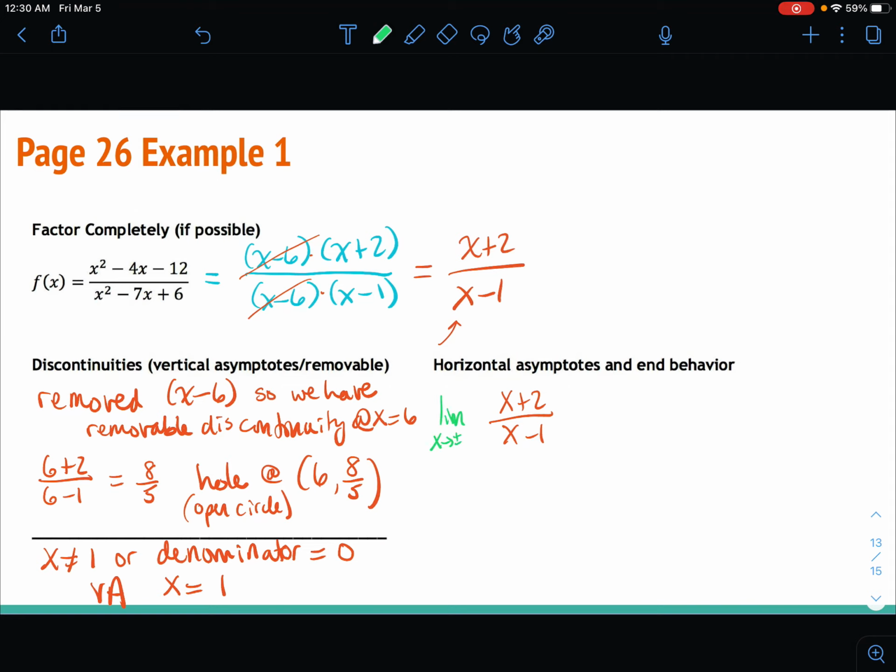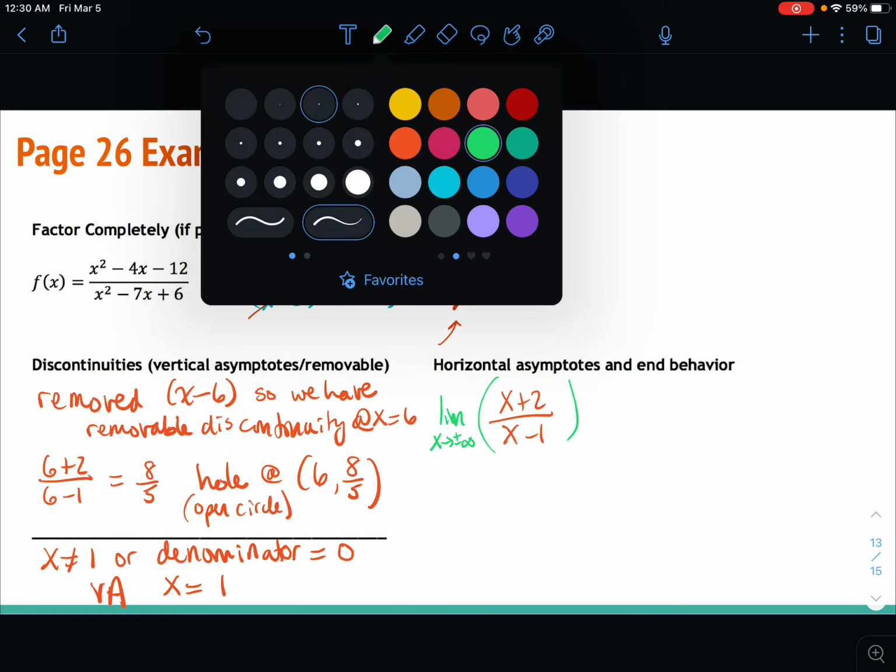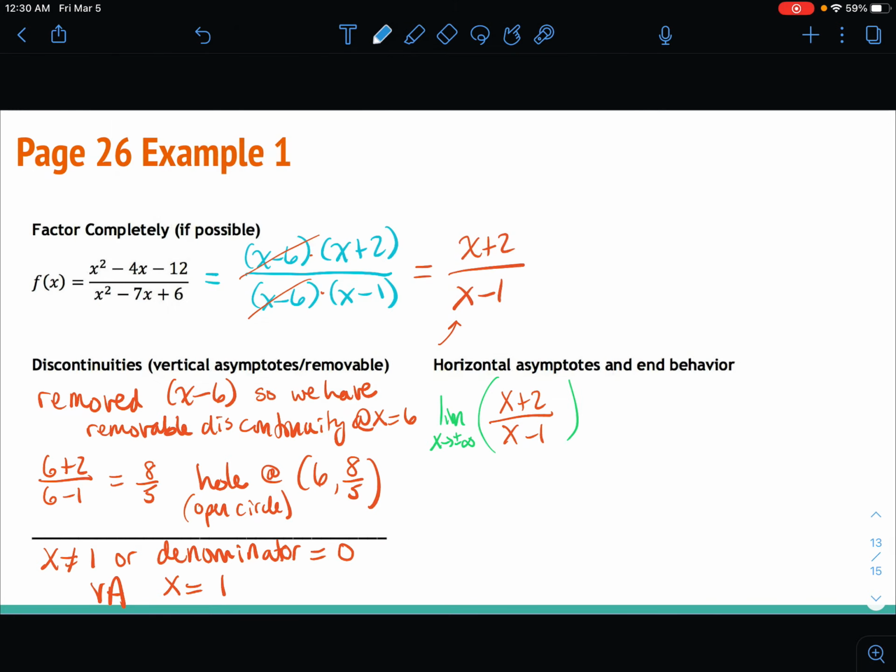So the limit as x approaches plus or minus infinity of, this is called f of x, but now we actually have what f of x is, so I'll get rid of that. Okay, so let's think about what do we want to multiply by. The highest exponent is the first, so we'll say 1 over x divided by 1 over x.